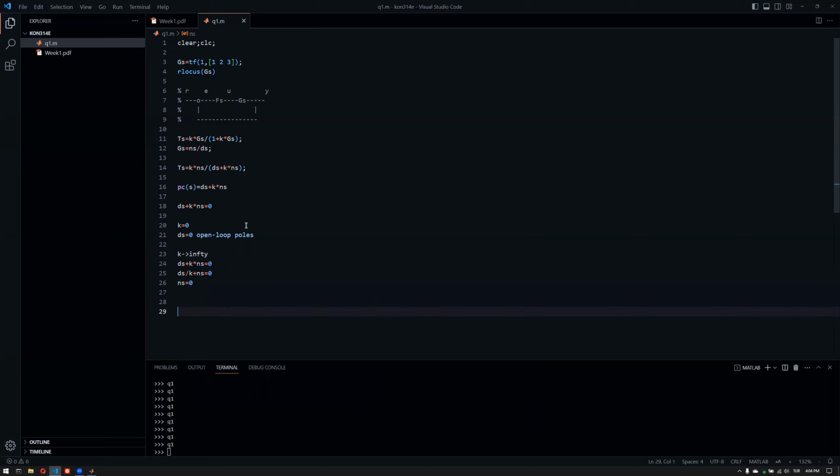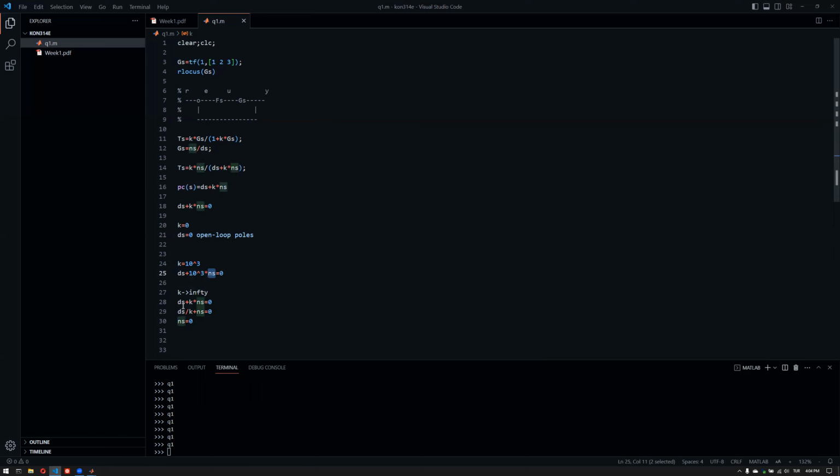And you might ask yourself why this can be done. Well, basically, let's assume that k is 10 to the power of 3. Then if you look at this equation, and if you're multiplying something with 10 to the power of 3, ds loses its significance. It's going to be very small, and it's going to be contributing such a low amount to the polynomial that basically ns will dominate its roots.